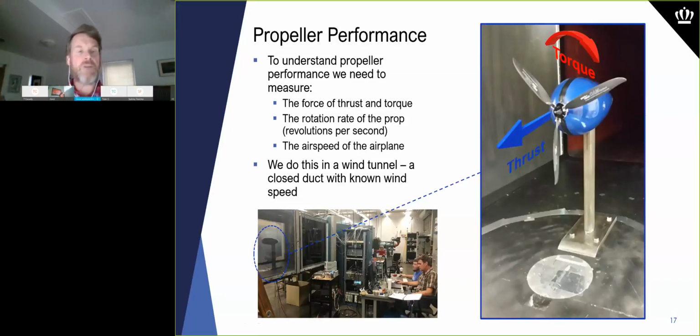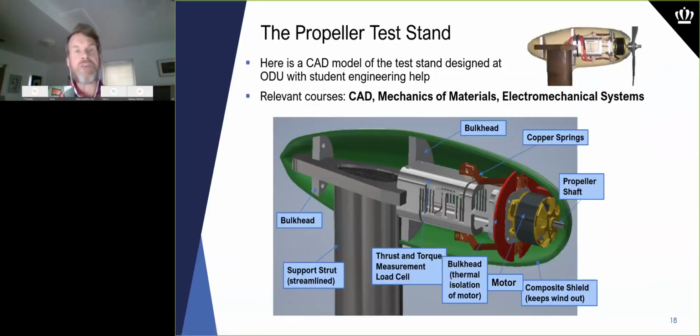And the airspeed in the wind tunnel is simulating the airspeed we get when the airplane passes through the air. Here, instead of the airplane passing through the air, we're going to pass the air past the airplane, if you will, by running airflow through a closed duct under controlled conditions while we hold the airplane, or in this case, the propeller, fixed.